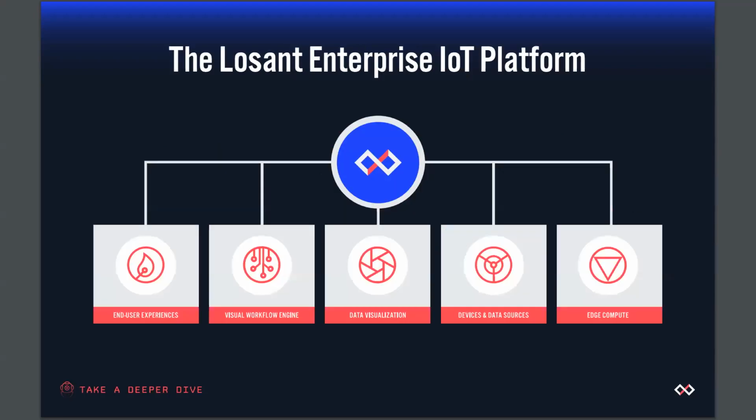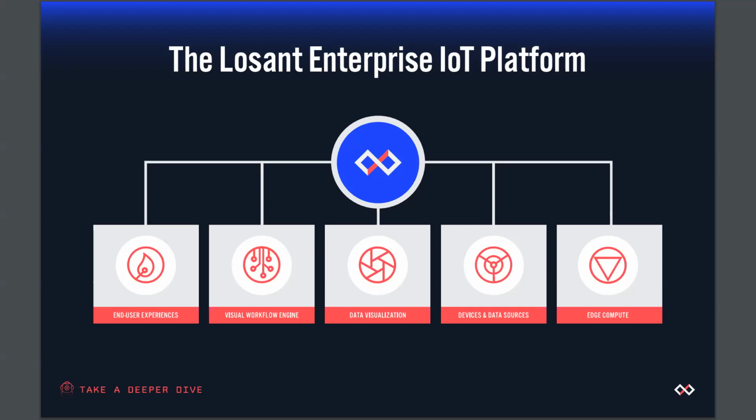Now let's do a quick review of Losant and our enterprise IoT platform. Losant is an industry-leading IoT platform. As an application enablement platform, Losant provides enterprises with the building blocks they need to create their own IoT products. The Losant platform consists of 5 key components to help customers achieve that IoT product.